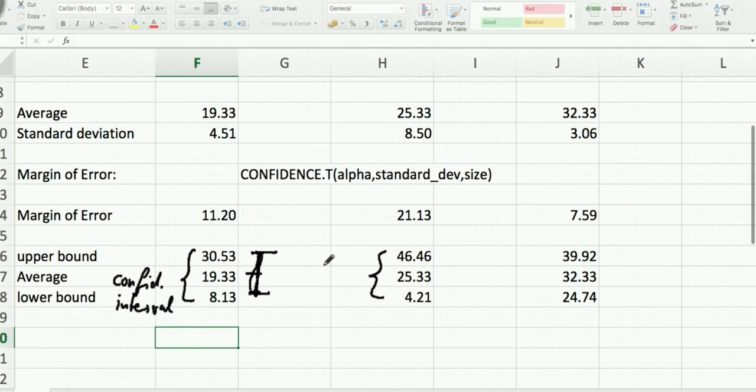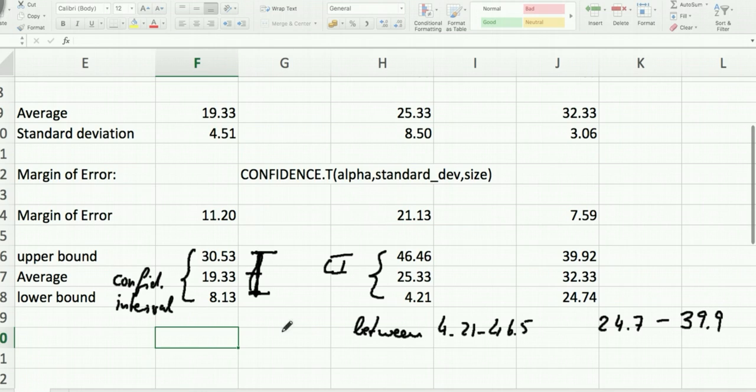For Wahid, we have a confidence interval, where we say, okay, it must be between 4.21 and 46.5. And for Toya, we say the true average must be between 24.7 and 39.9.